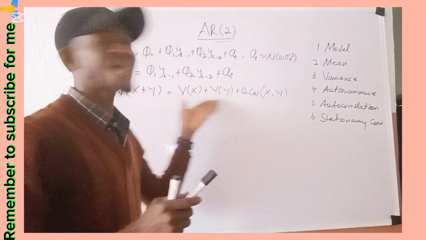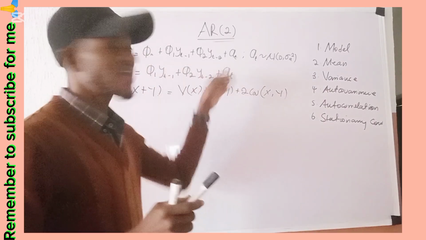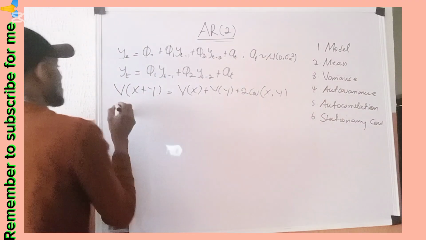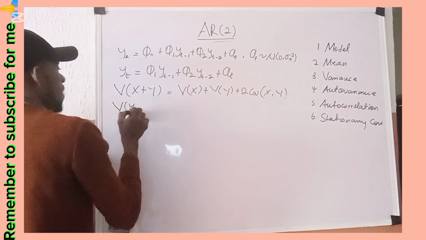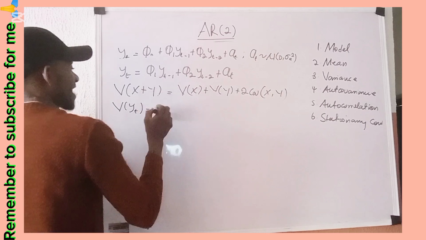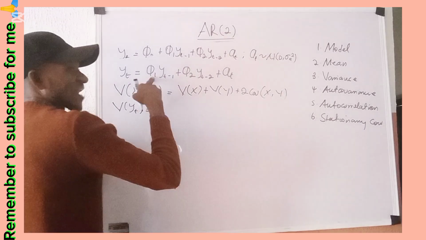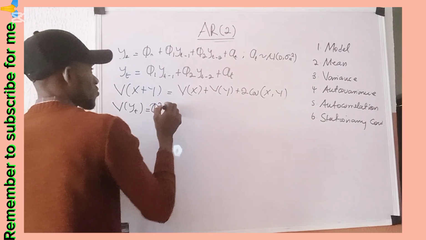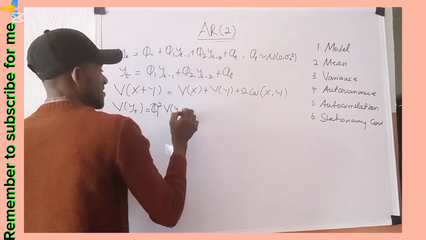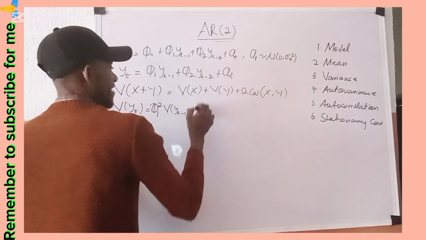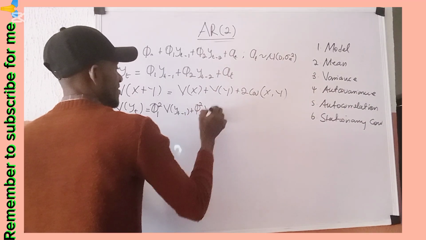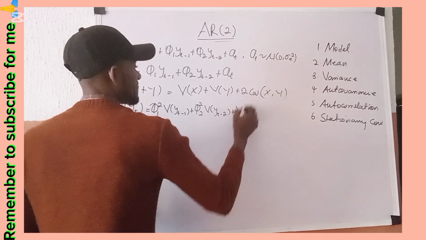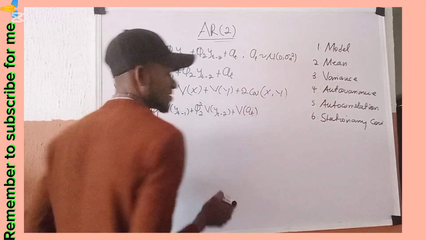So I'm going to use this ideology to take the variance of this AR of order 2. That will give var of y of t, and when you take the variance of a constant, it gets squared. So you have phi 1 all squared var of y of t minus 1, plus phi 2 all squared var of y of t minus 2, plus var of a of t.